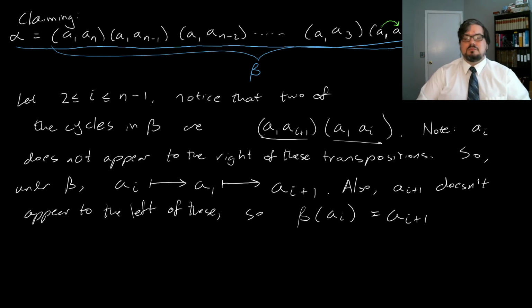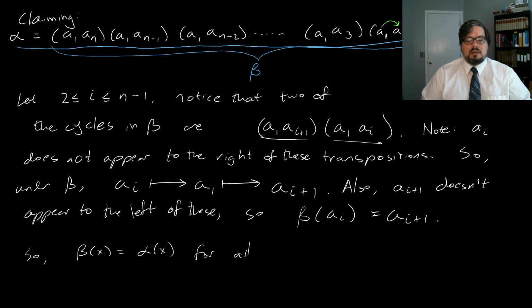So that shows that beta sends A_i to A_{i+1}. But that means that beta does exactly what alpha does. That means that beta of x equals alpha of x for all x. And so beta is equal to alpha.